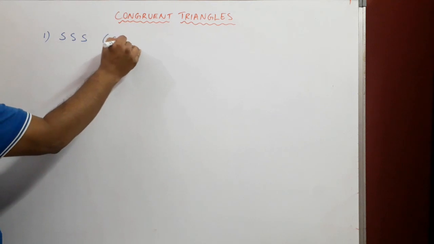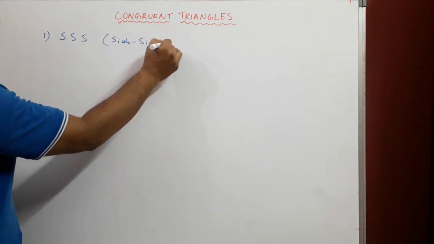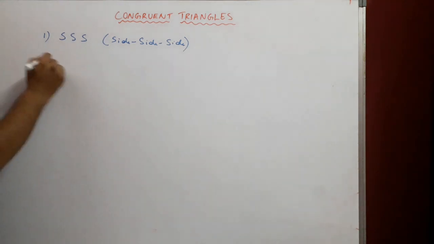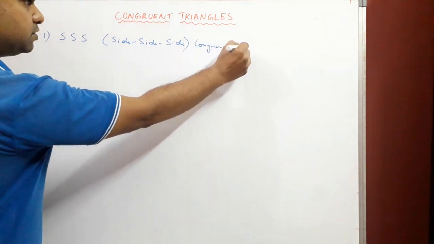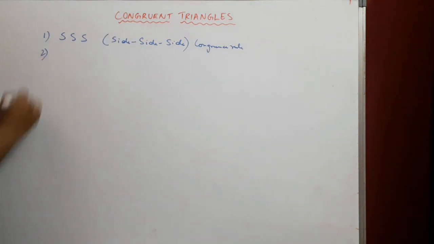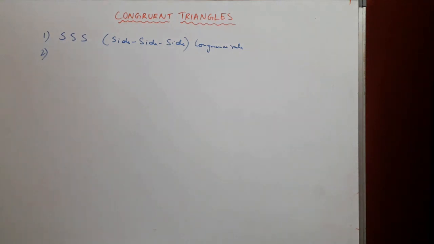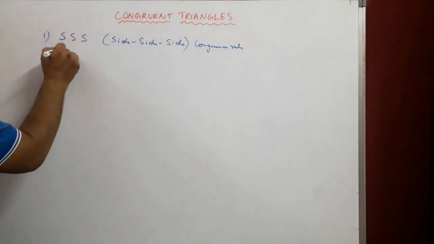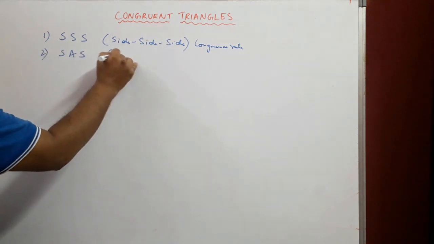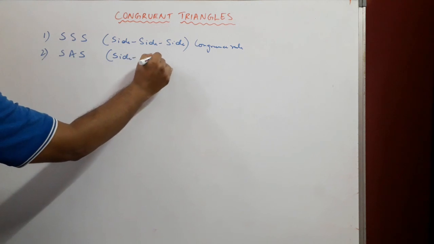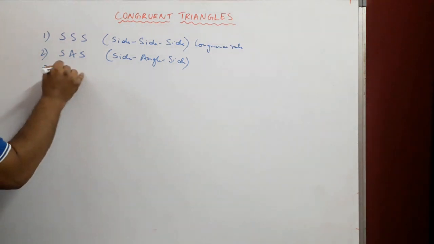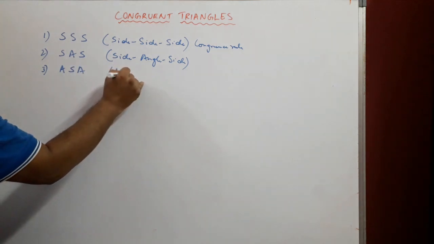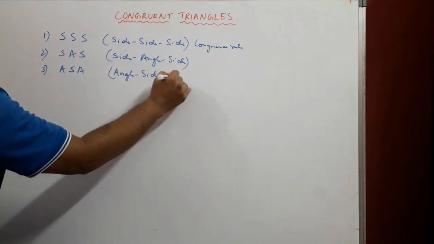First one is known as SSS, or we rather call it side, side, side. This is a congruence rule. These are all congruence rules. Next, after SSS, we have SAS, which is called side, angle, side. The third one is ASA, or angle, side, angle.